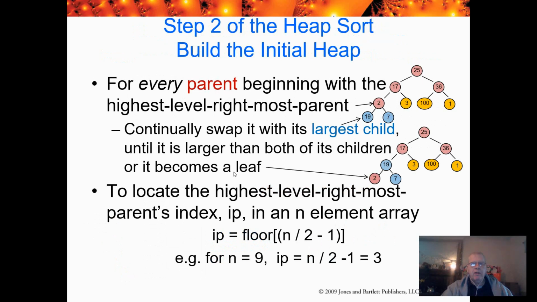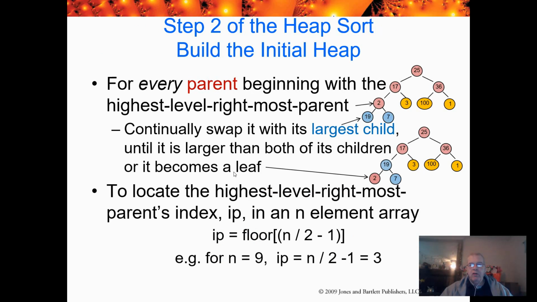So step 2, we build an initial heap. So we look at each parent in order. First of all, we start with the highest level rightmost parent. Now I kind of wish that 3 had children, had a leaf as well, because it looks like we're dealing with the leftmost parent, but it's not.